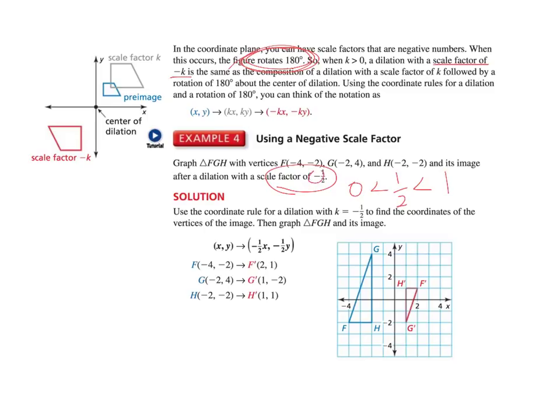But since it's negative, the figure is going to rotate 180 degrees. If I take this point here, it's going to rotate 180 degrees over here. But the figure is also reducing in size, once again, because I'm multiplying by 1/2. So I started with this figure, and then I end up with the figure that's rotated 180 degrees, and it's smaller than what I originally started with. There's not much to that.